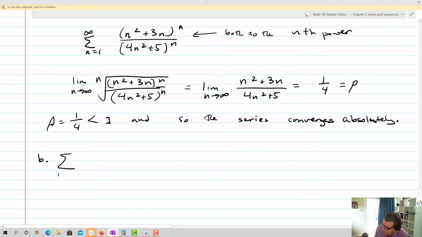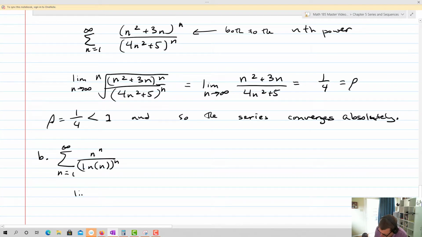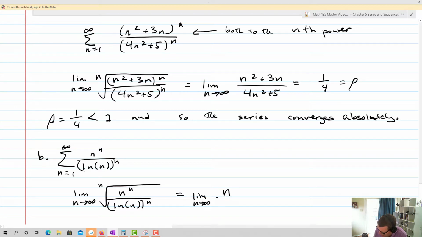We'll take the sum n equals 1 up to infinity of n to the n over the natural log of n to the n. To use the root test, we're going to take the limit as n goes to infinity of the nth root of n to the n over the natural log of n to the n. And this ends up equaling the limit as n goes to infinity of n over the natural log of n.